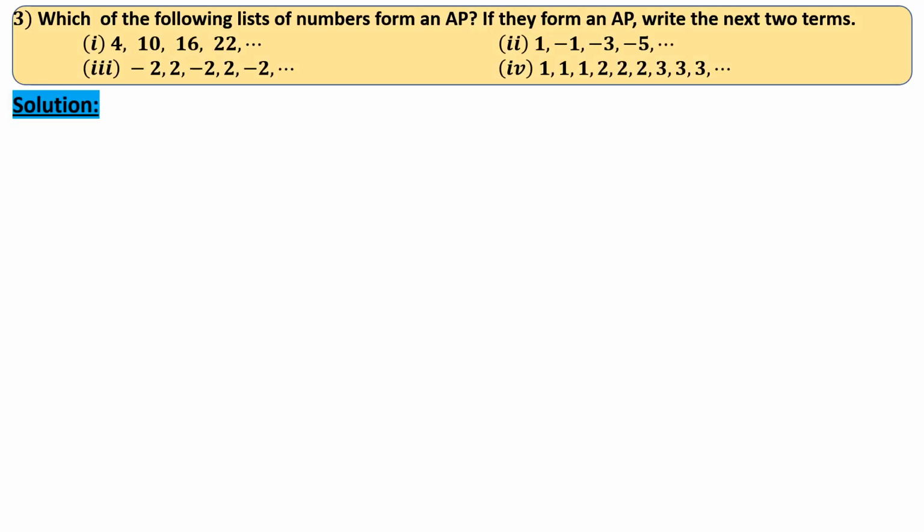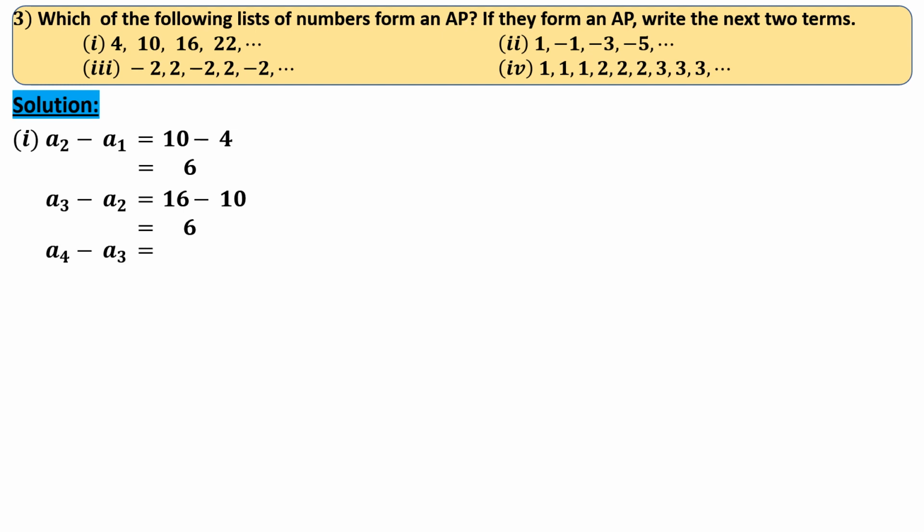Third one, here are as many as 4 sub-questions. Let us take them one by one. For the first one, a2 minus a1 equals 10 minus 4, which is equal to 6. a3 minus a2 equals 16 minus 10, which is equal to 6. a4 minus a3 is equal to 22 minus 16. The difference is 6.